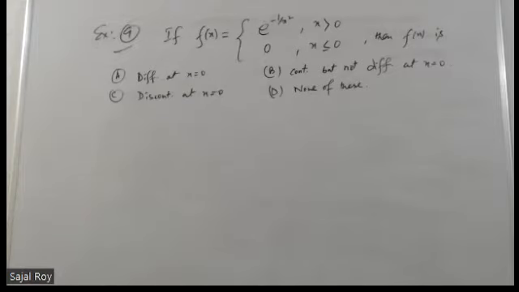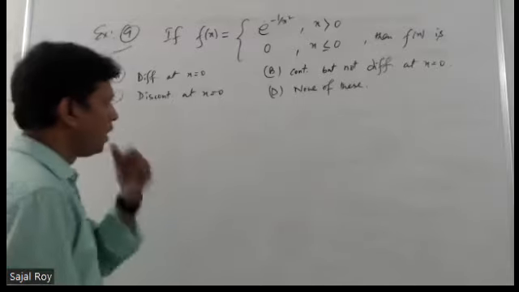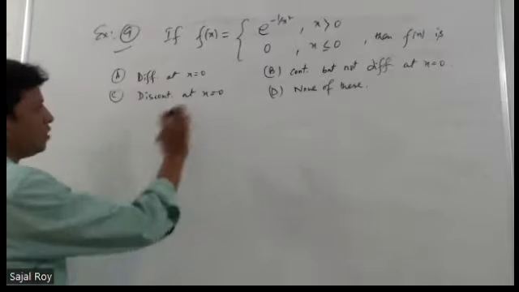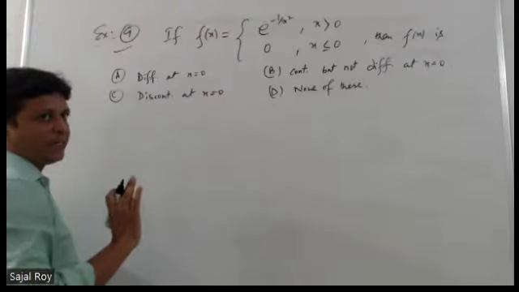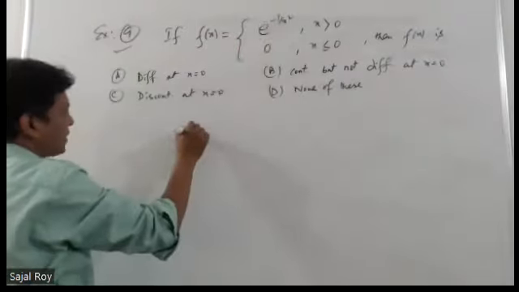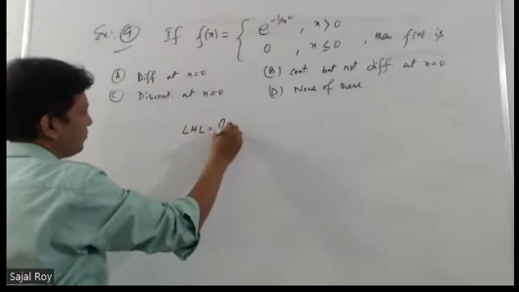Yes, sir. It will be continuous because for x less than or equal to 0, the value is given to be 0. Yes, correct. So for continuity, we have to take the left hand limit at 0 and the right hand limit at 0. You see there is a square. So let us calculate the left hand limit.